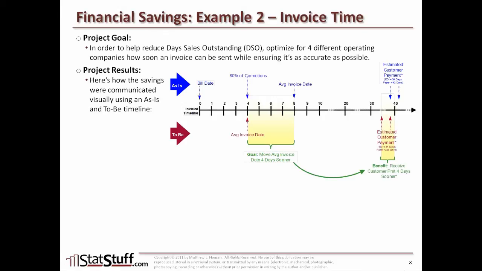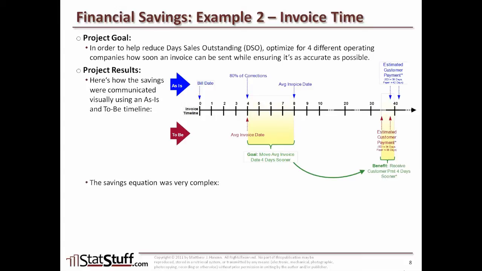But under the new optimized invoicing time that we found, we're able to invoice sooner, and getting billed sooner and ultimately getting our money sooner equated to getting our payment between 34 and 38 days from the bill date. That made for a much faster way, at least 4 days faster, of getting our cash. And it makes a big difference when you're talking about millions of dollars.